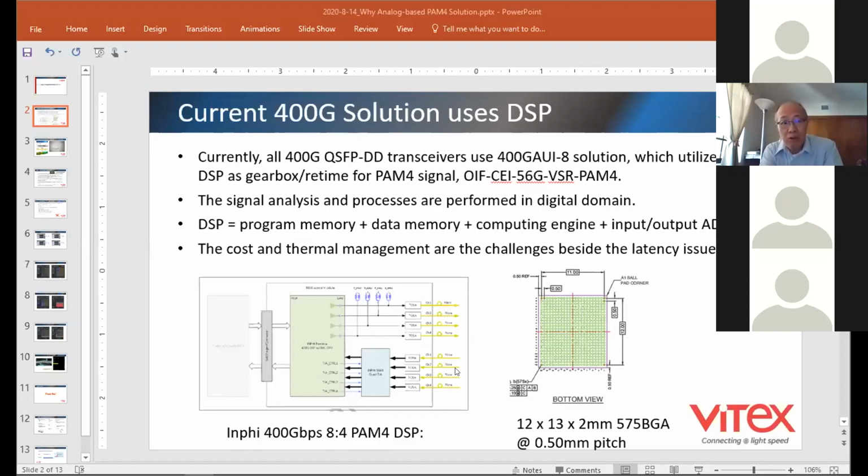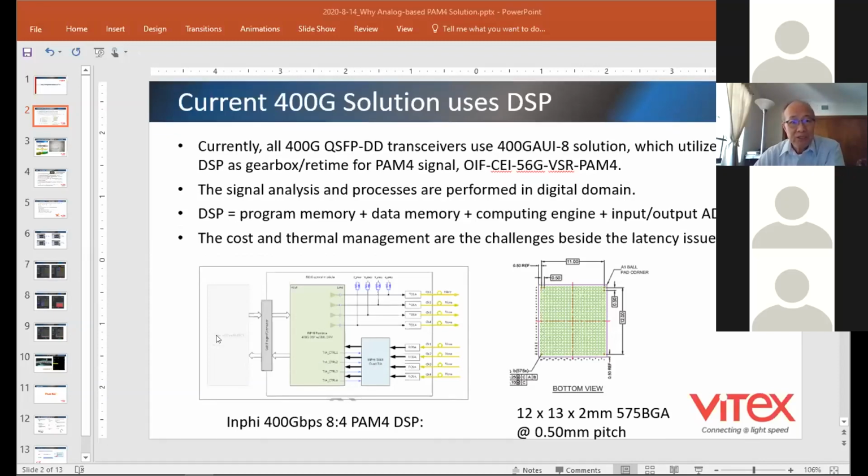It's a ratio of 2 to 1 into 4 channels of 100 gigabits per second. So that's why they call it 400 gigabits per second line-side data rates. Coming back is the same. So I just want to show you how people use it in DSP form. Any questions?